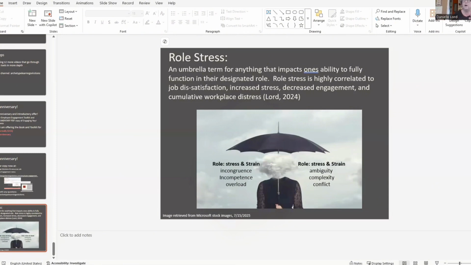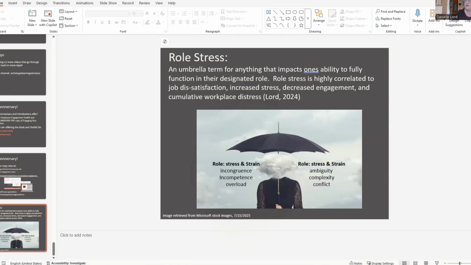It's been widely correlated to dissatisfaction, what I call cumulative workplace distress. That could be PTSD, moral injury, or burnout. And it's also very highly associated with disengagement within an organization.